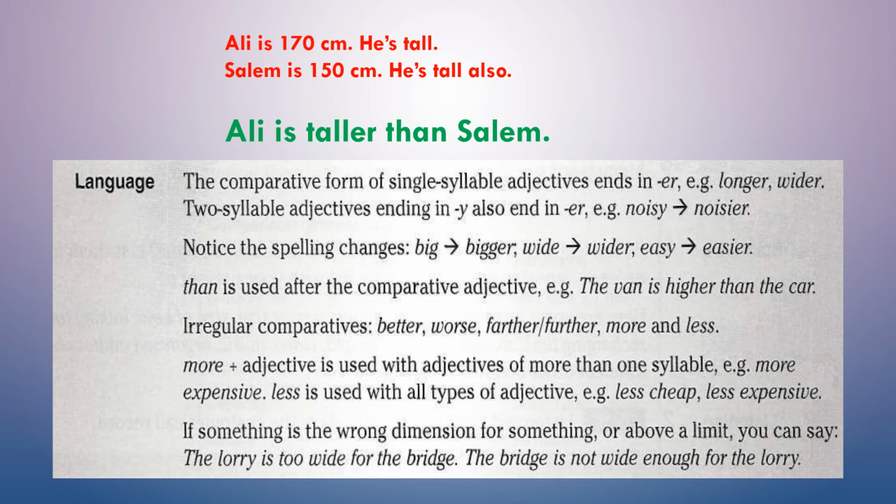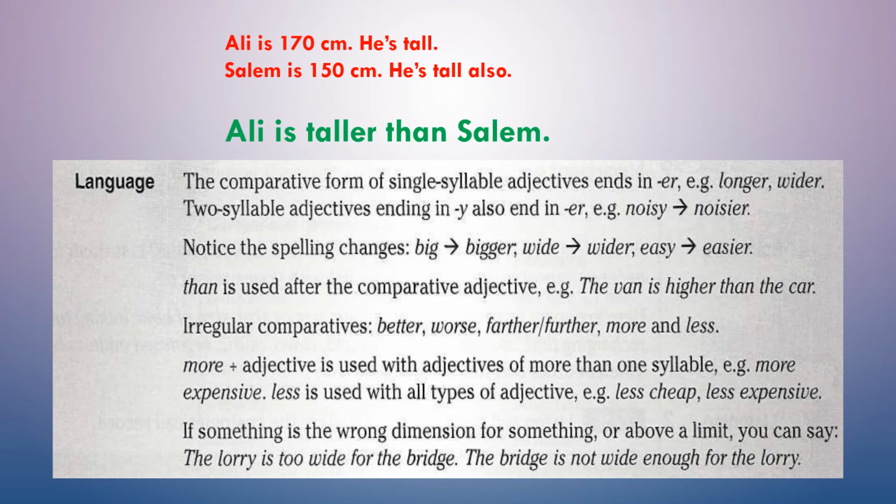Okay, now look here. More plus adjective is used with adjectives of more than one syllable. Example. Now, if we have long words, more than one syllable, like the word here, expensive, or beautiful, or powerful, or crowded. We have many words. Now, these words are long words. They are more than one syllable.